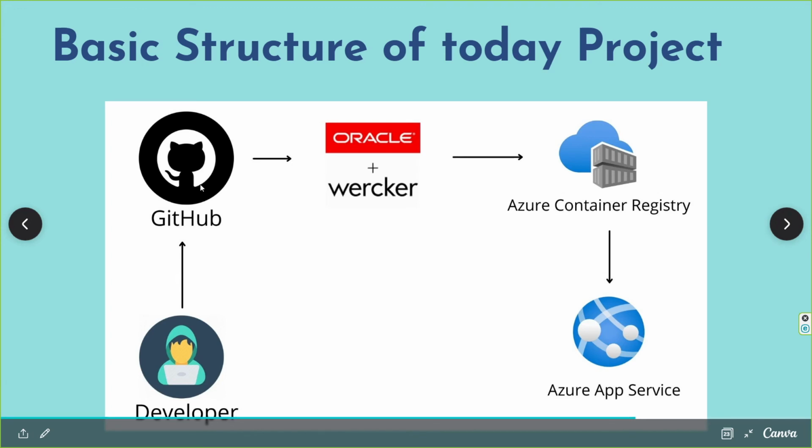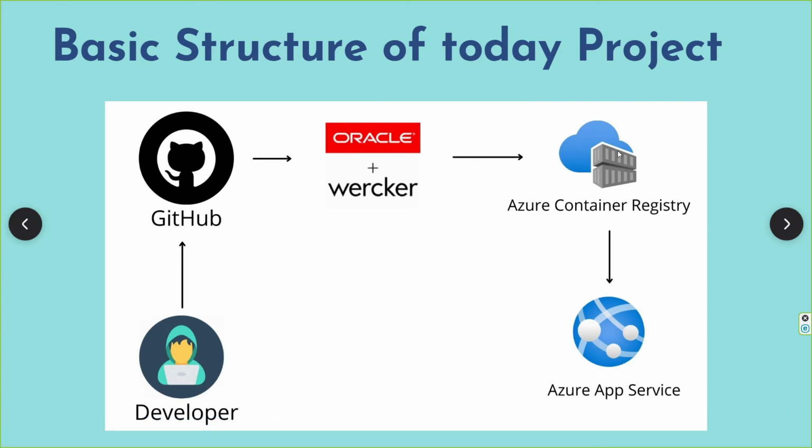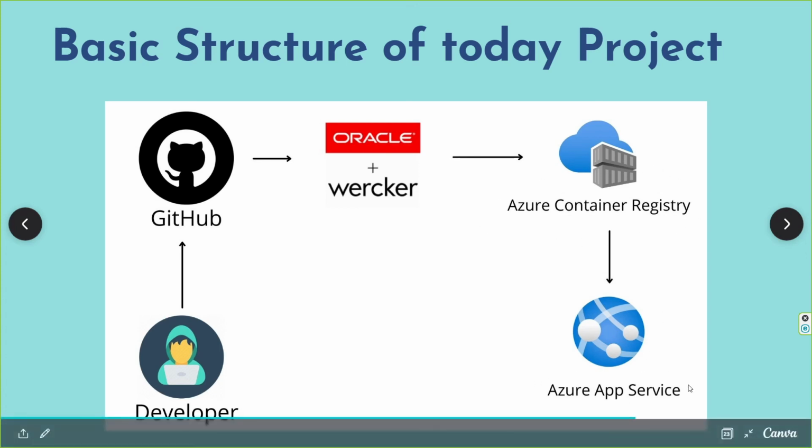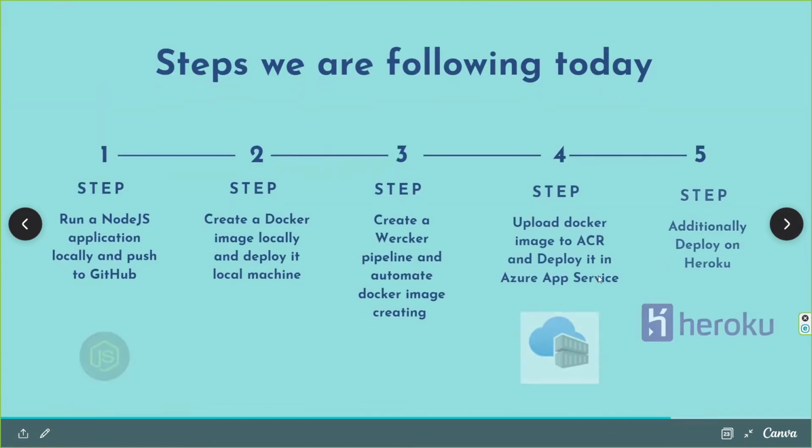After the GitHub repository is updated, the worker pipeline is triggered. The worker pipeline will create a Docker image and push it into the Azure Container Registry. After the Azure Container Registry gets the latest image, the Azure App Service will pull the image from the Azure Container Registry and deploy it on Azure App Service. That is the process that we automated.